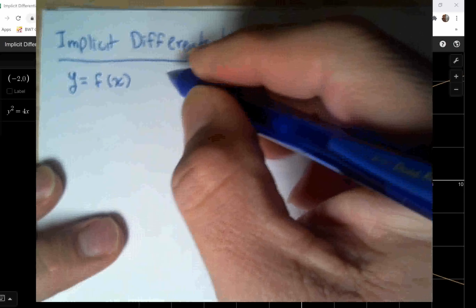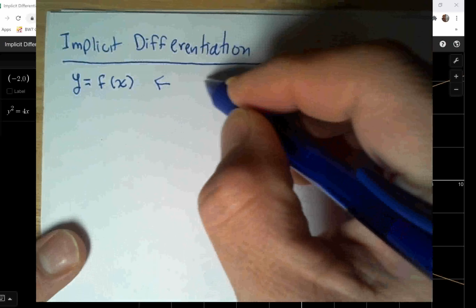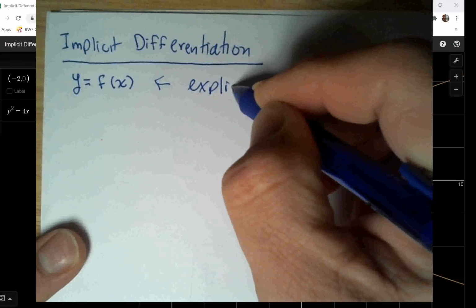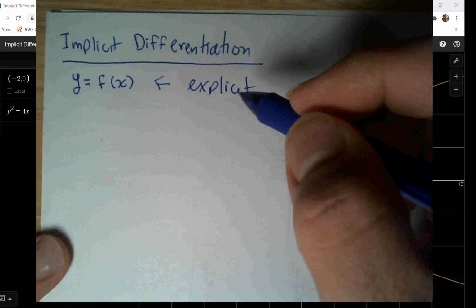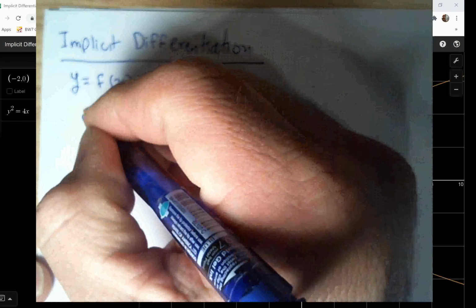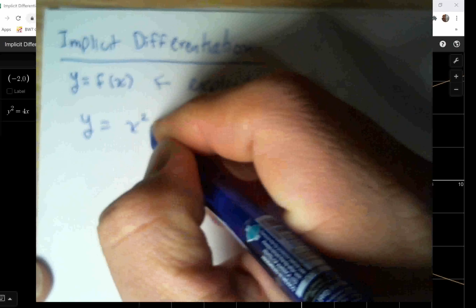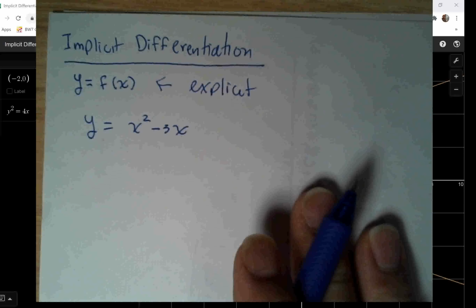differentiation, right? So when a function is written in this form, this is called explicit. A lot of the functions that we have dealt with are in fact explicit. Any polynomial that we've seen, any linear function, all of those are explicit.